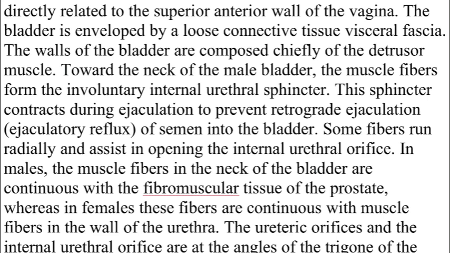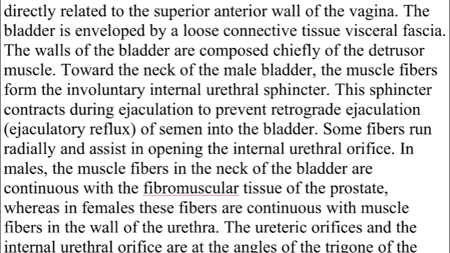Some fibers of the internal urethral sphincter run radially and assist in opening the internal urethral orifice. In males, the muscle fibers in the neck of the bladder are continuous with the fibromuscular tissue of the prostate.